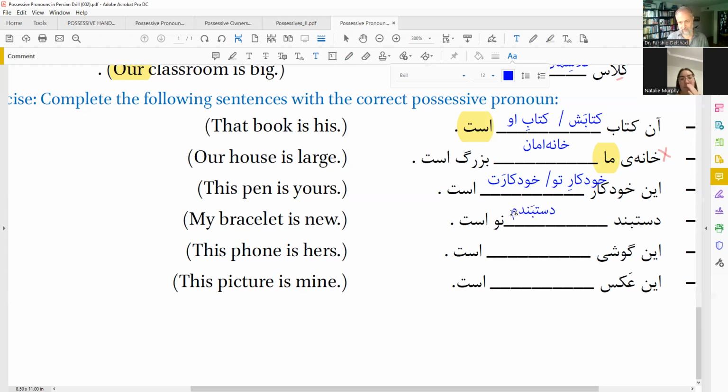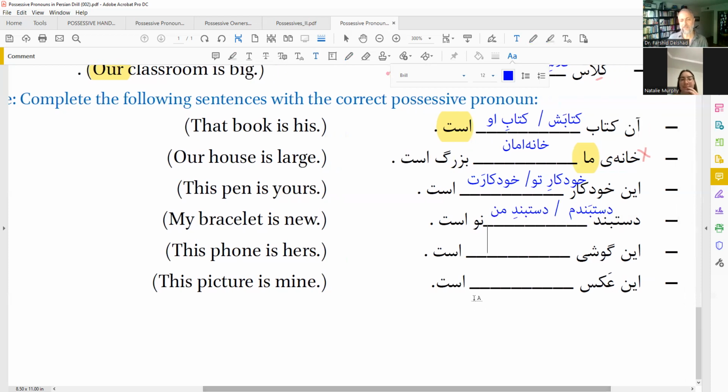Dast, band with the A, of course. Dastbandam or dastbandaman. The next one is gushi.